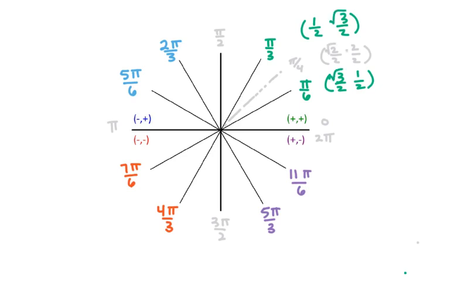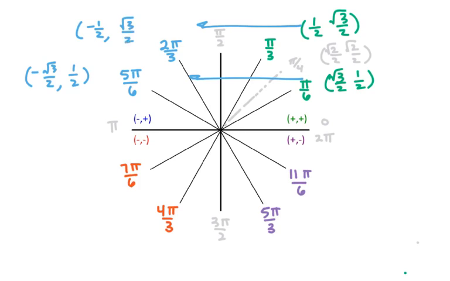Of course, I don't need to draw a square root over my 1 because the square root of 1 is 1. All right, so reflecting these over here, I'm going to have negative x's. So I've got negative root 3 over 2, 1/2, and negative 1/2 root 3 over 2.